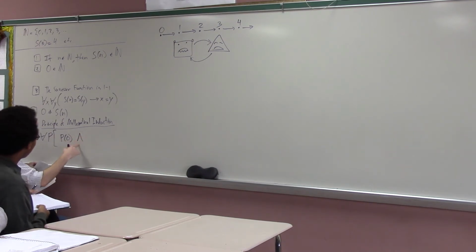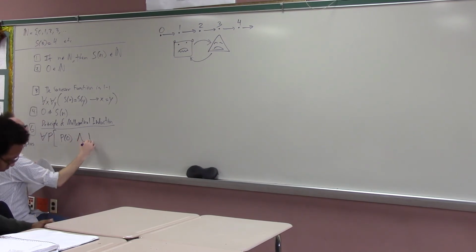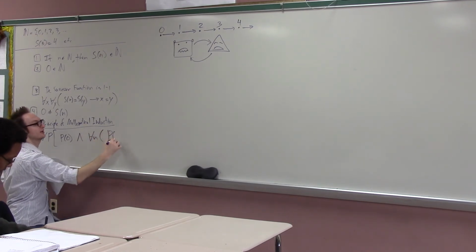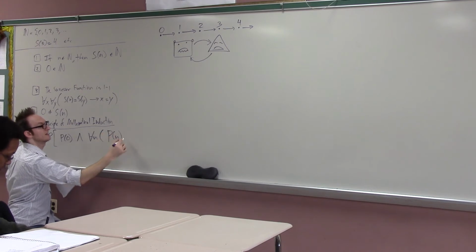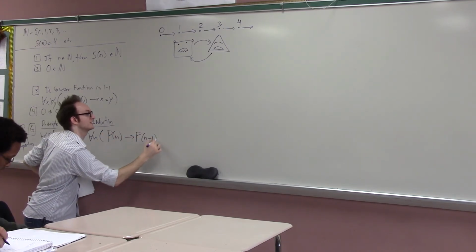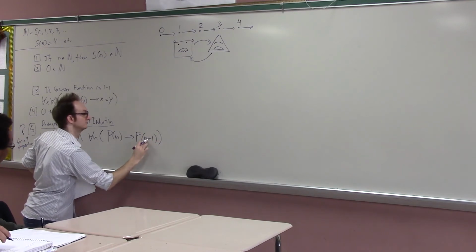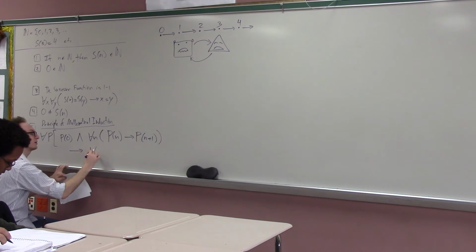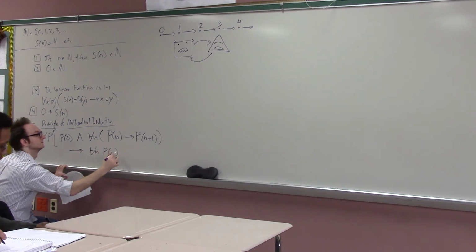And it's true that for all numbers, whenever the property holds for n, it also holds for the successor of n, then it must hold for all numbers.